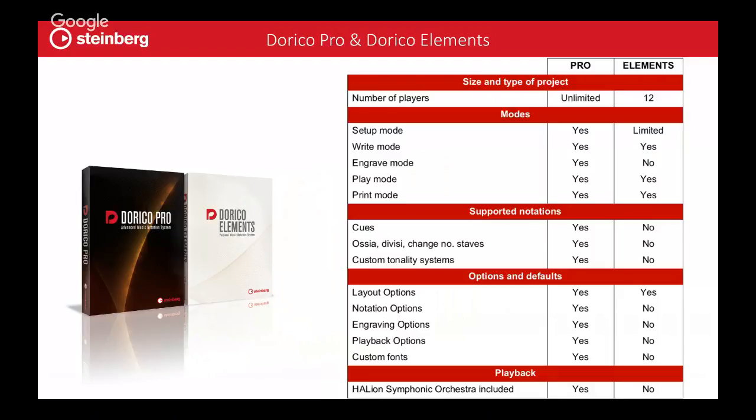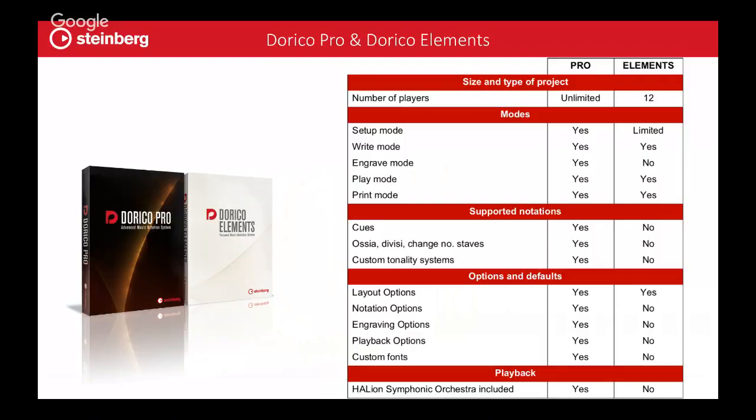The video feature exists in Dorico Elements. All of the play mode stuff with the controller lanes exists in Dorico Elements. You don't have things like cues and Divisi and custom tonality systems and things like that. Also, one of the differences at the bottom there, which I've mentioned before on the playback, is that the Halion Symphonic Orchestra isn't included.